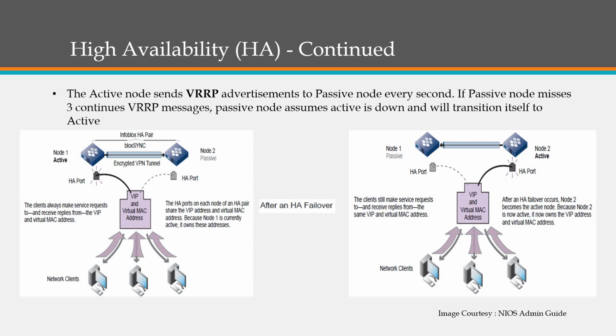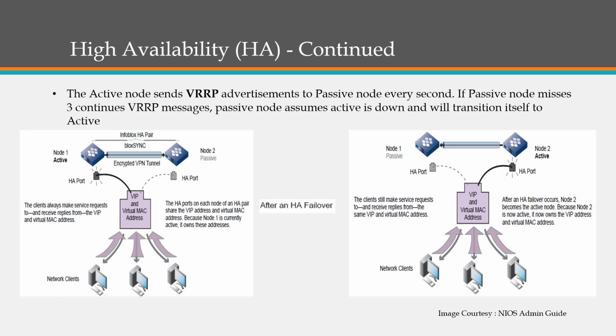So after an HA failover, let's say node 1, which was initially active, goes down. At that time, node 2 will not be receiving VRRP advertisements, and it assumes that the node has gone down, and it transitions itself to an active state.